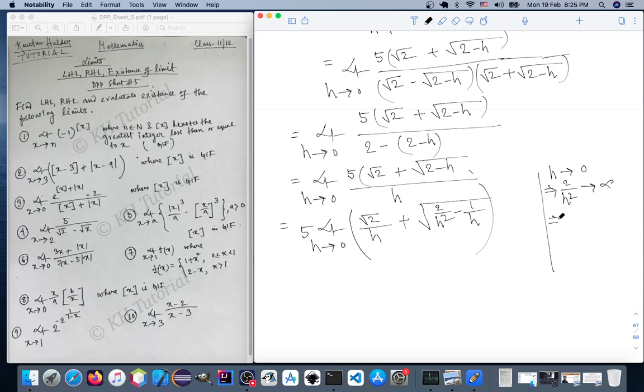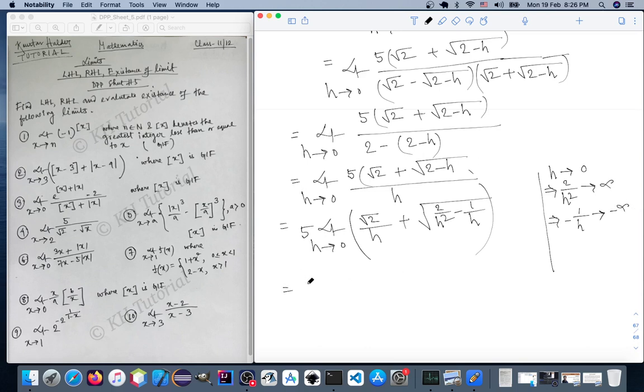This implies minus 1 by h tends to minus infinity.